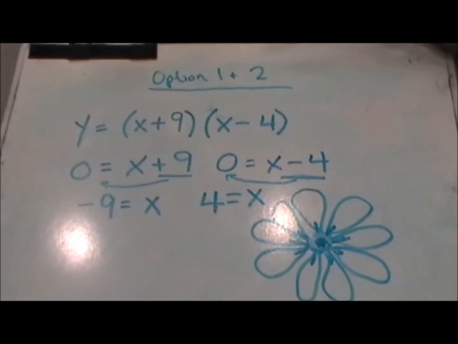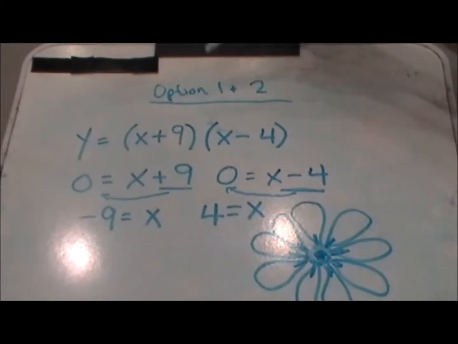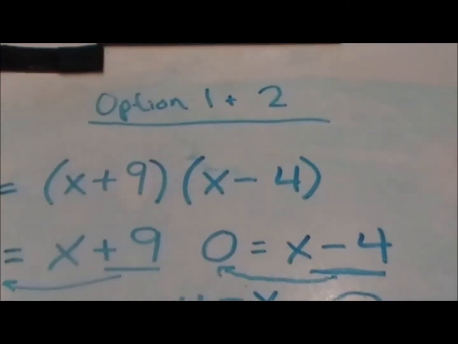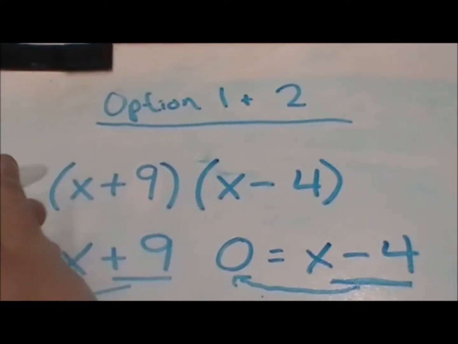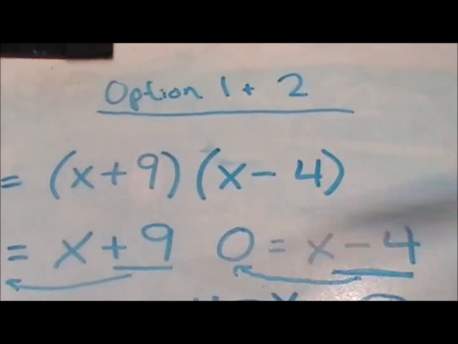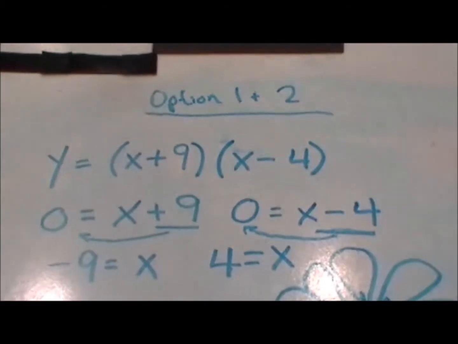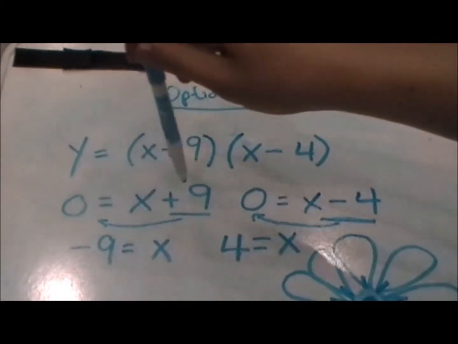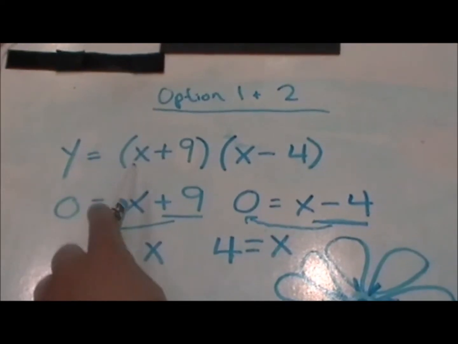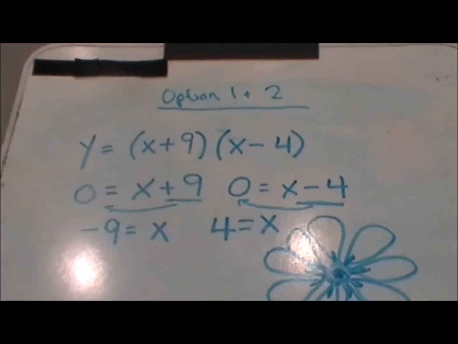Our next thing that we'll be studying in the quadratics unit is option 1 and 2. And Mrs. Quigley taught this very well, but when you have two brackets, you can easily find the zeros. You can easily find what the x equals by making the equation equal to 0.